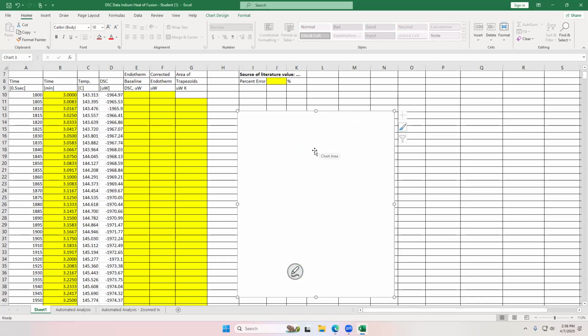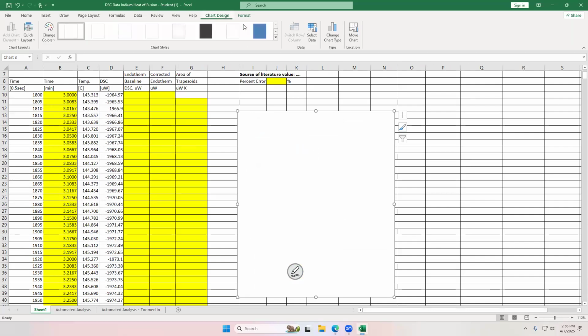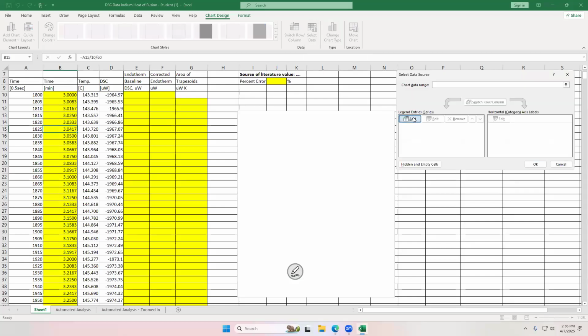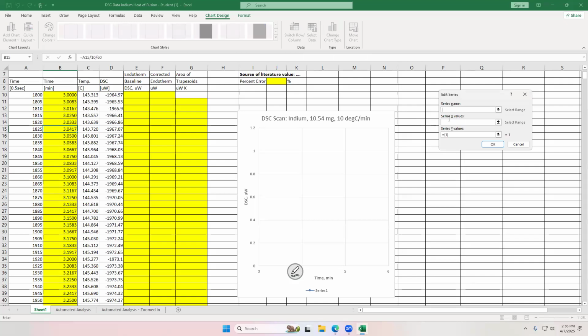So if you click on this chart, you go Chart Design, Select Data, Add. We're going to plot our uncorrected endotherm. Uncorrected DSC, so let's just call this DSC uncorrected.